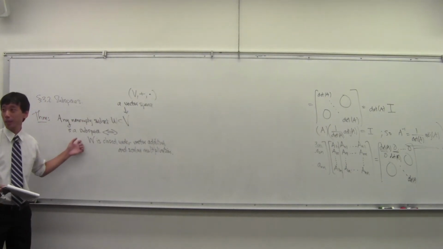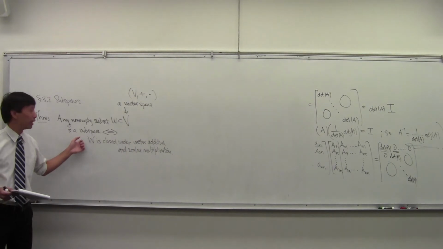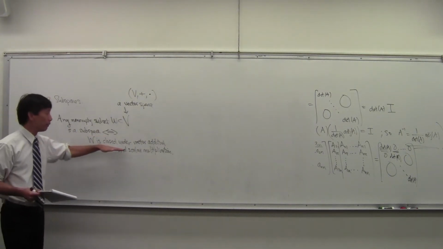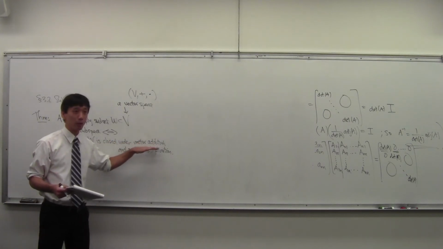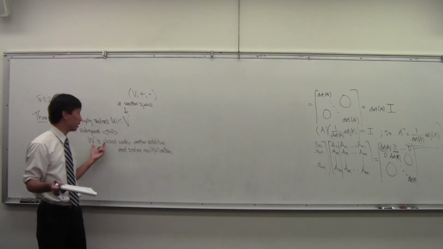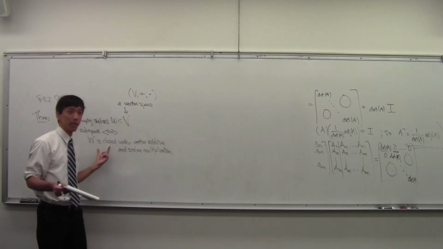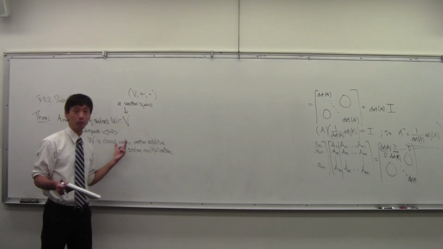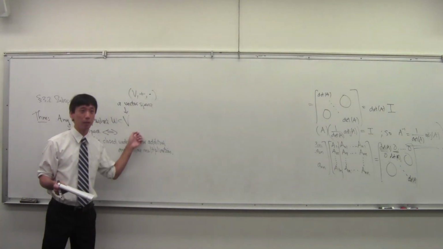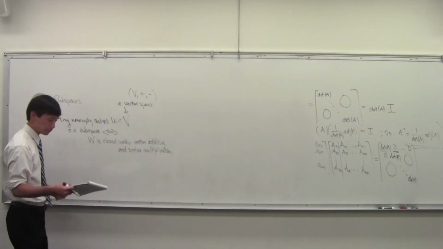This is the main thing that you should have gotten out of it: the way to check if something is a subspace is to check if it's closed under vector addition and scalar multiplication. In other words, when you add things together, you stay in the set. When you multiply them by scalars, you stay in the set. As long as those two things happen, then you can say your set is a subspace.